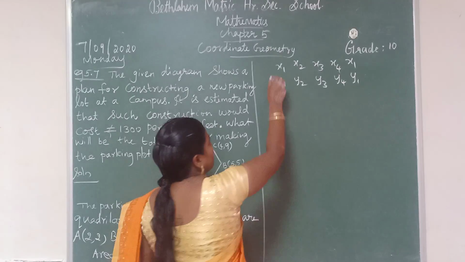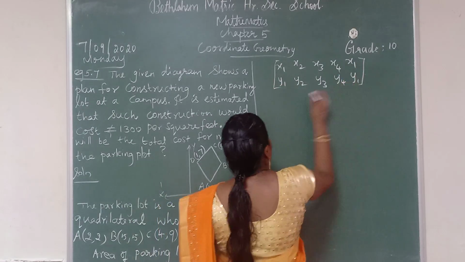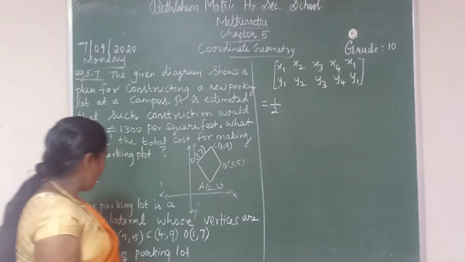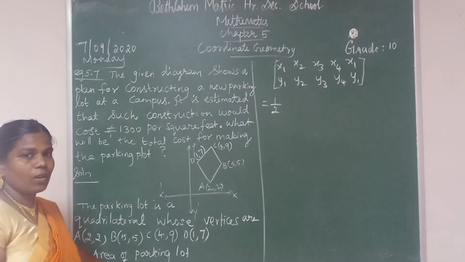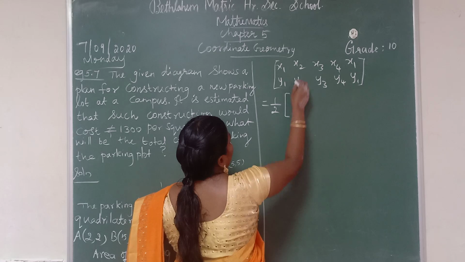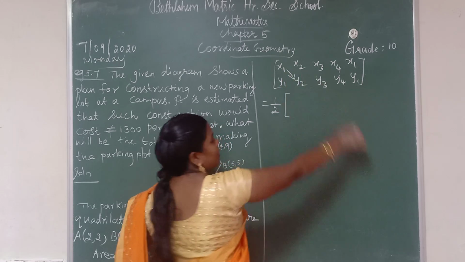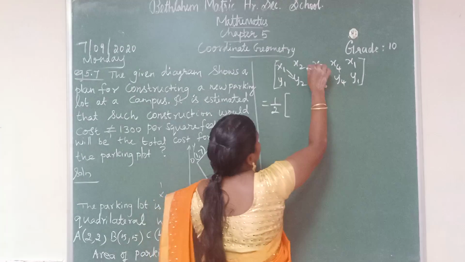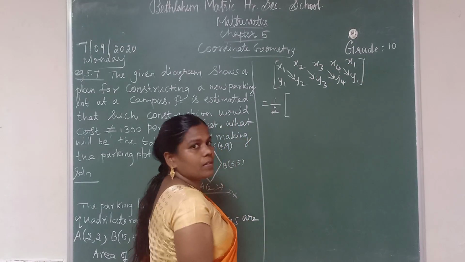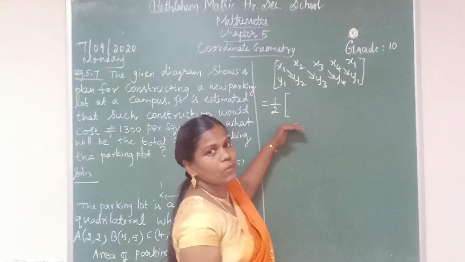Then area is equal to 1 by 2 formula. It is the area of parking lot formula or area of quadrilateral formula. 1 by 2 into, first of all these leading diagonals, let's multiply and add. This is for reference only, this is only the formula.